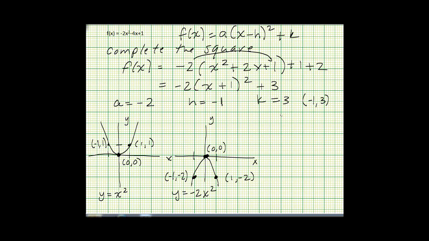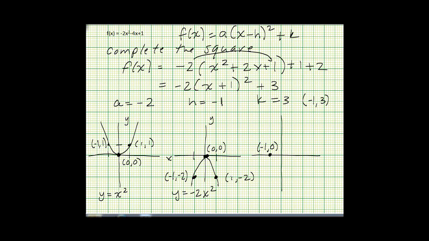All right, and now the third step here is to do our horizontal translation. And in this case, we're going to shift 1 to the left. So instead of my vertex being at 0, 0, it's going to be at -1, 0.